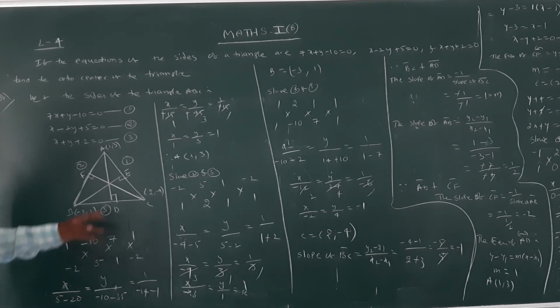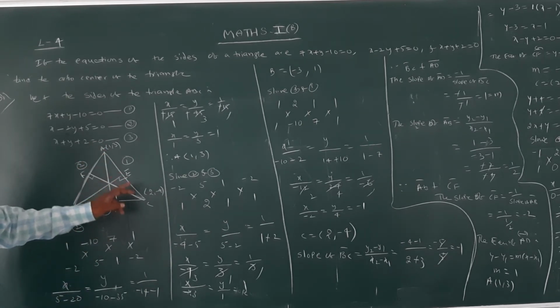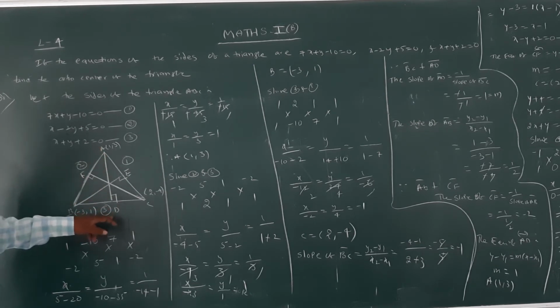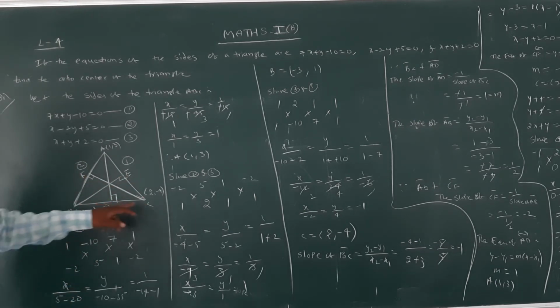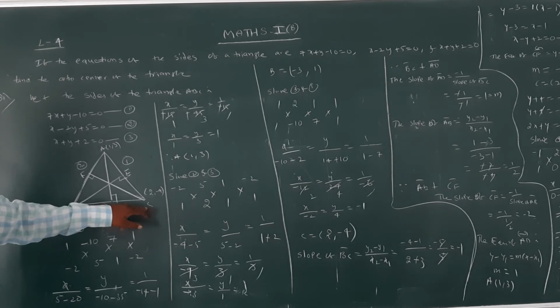Next, we draw the altitudes AD, BE and CF. First, find the slope of BC. The slope of two points is y2 minus y1 by x2 minus x1.